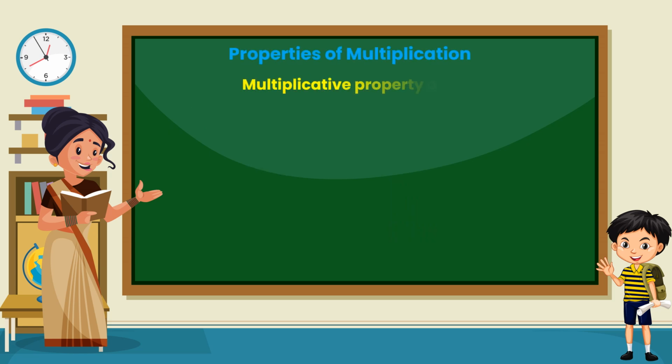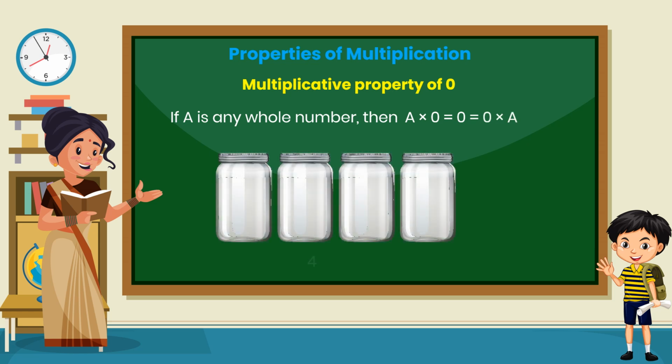Multiplicative property of 0. If A is any whole number, then A multiplied by 0 equals 0 equals 0 multiplied by A. 5 multiplied by 0 equals 0.